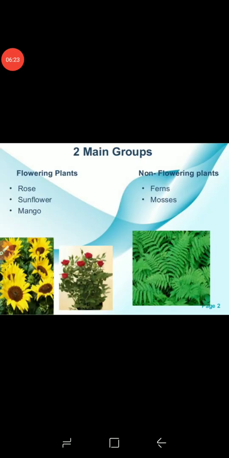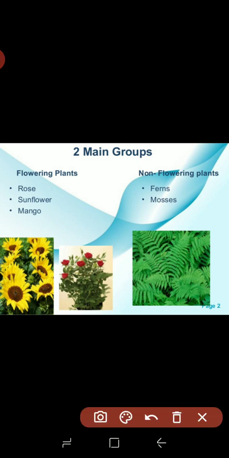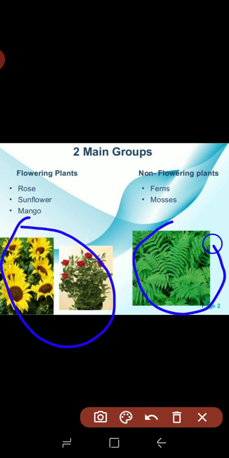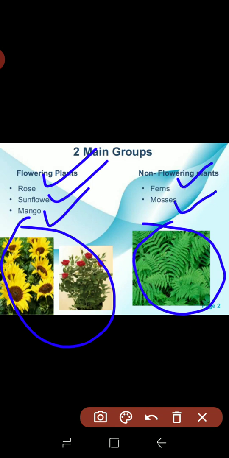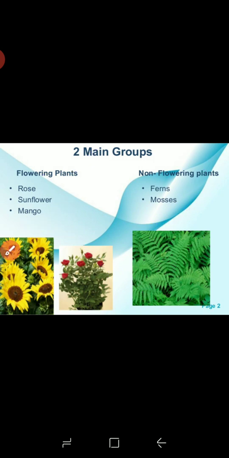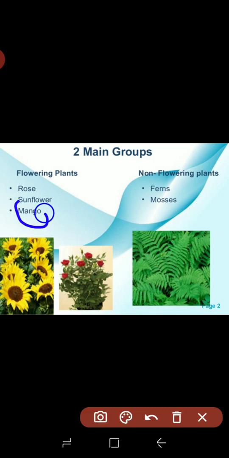There are two main groups, flowering plants and non-flowering plants. You can see the two kinds of plants. Flowering plants include rose, sunflower and mango. Actually mango doesn't have a single flower.